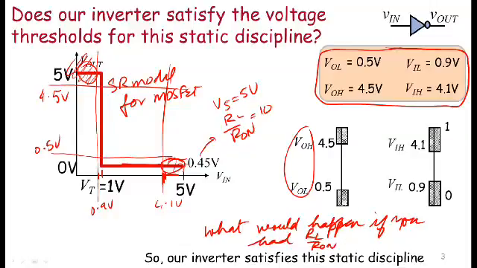Let's say we chose RL divided by R on to be 5, instead of 10. I'd like you to go and think about whether you would still satisfy this static discipline under the condition that RL divided by R on is equal to 5. You should go ahead and try it out yourselves and convince yourselves whether this inverter satisfies the discipline or not under this new choice of RL versus R on.